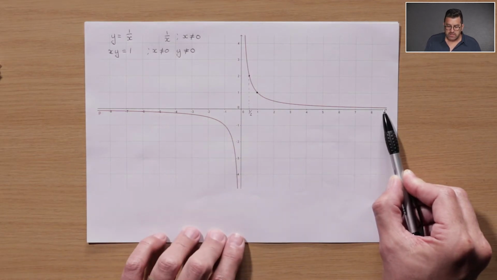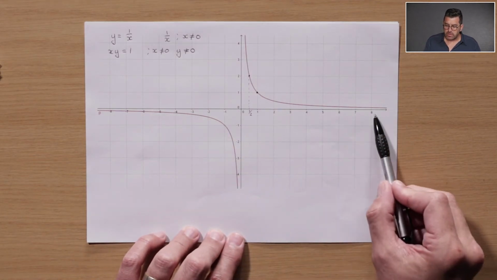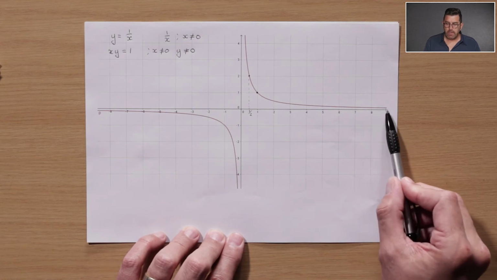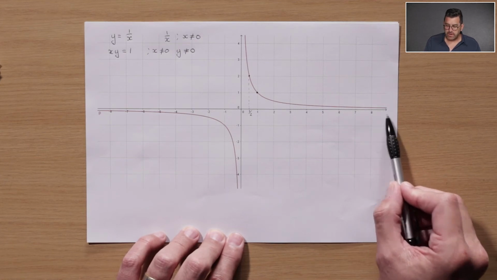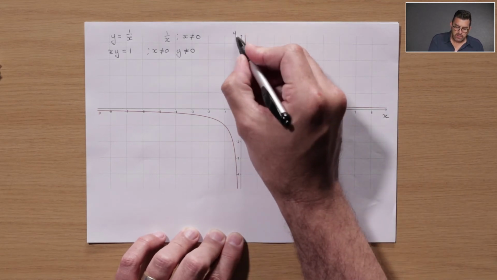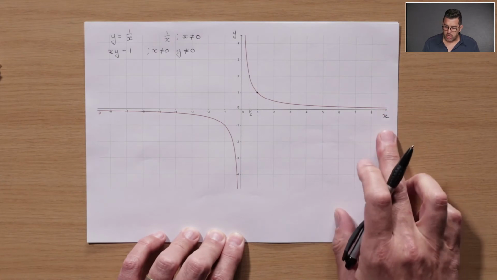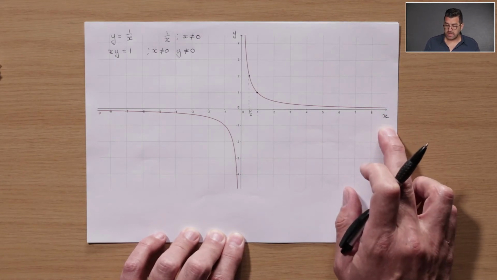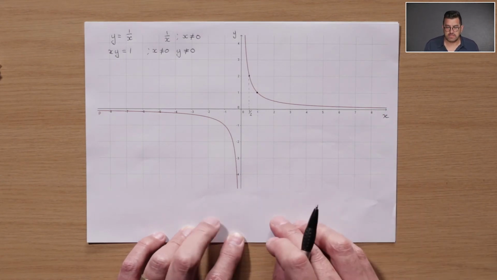And if I had the ability to go up to 8 million here, you would see that it lies very close to my x-axis, which lies over there, and then my y-axis there. So it gets closer and closer to the x-axis, but it never crosses it.